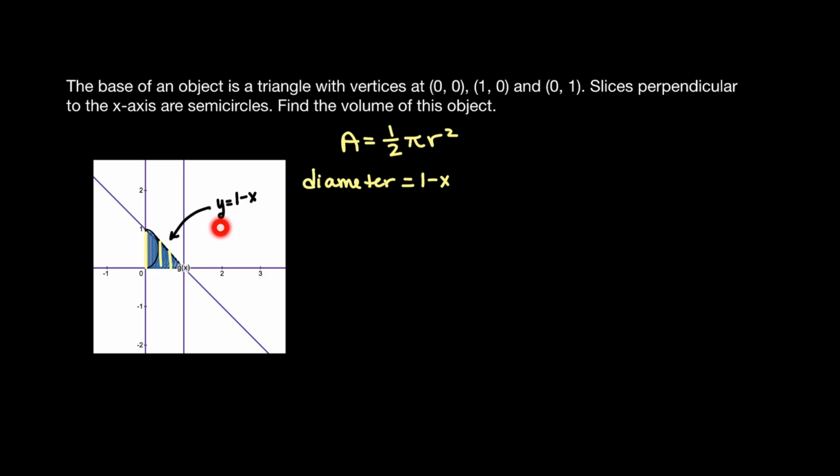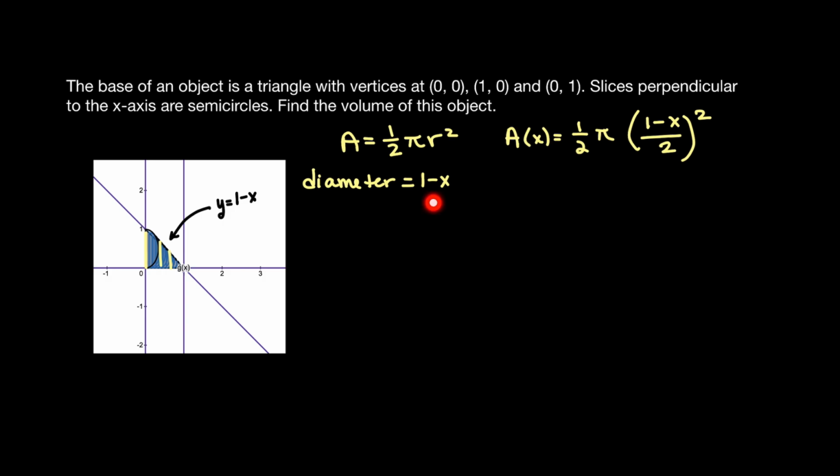That happens to be the line y equals 1 minus x. I know it's the line y equals 1 minus x because I can visually see that my y-intercept is 1, and down 1 over 1, my slope is -1. So the length of my diameter is given by that function, y equals 1 minus x.